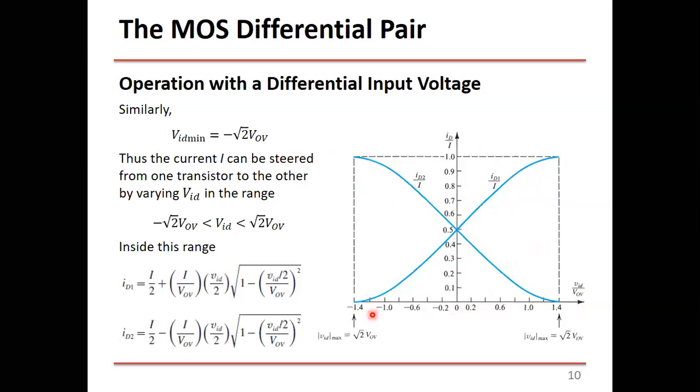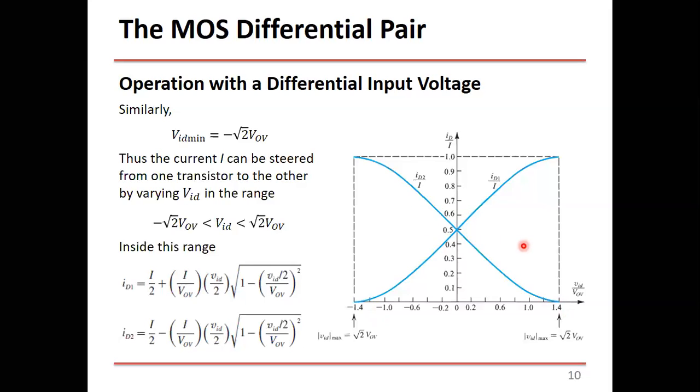If VID is negative, then ID2 is greater than ID1. And the maximum you can reach, you cannot go beyond this, is when VID is negative square root of 2 V over drive, the minimum, and the maximum is positive square root of 2 V over drive. Okay, so yes.